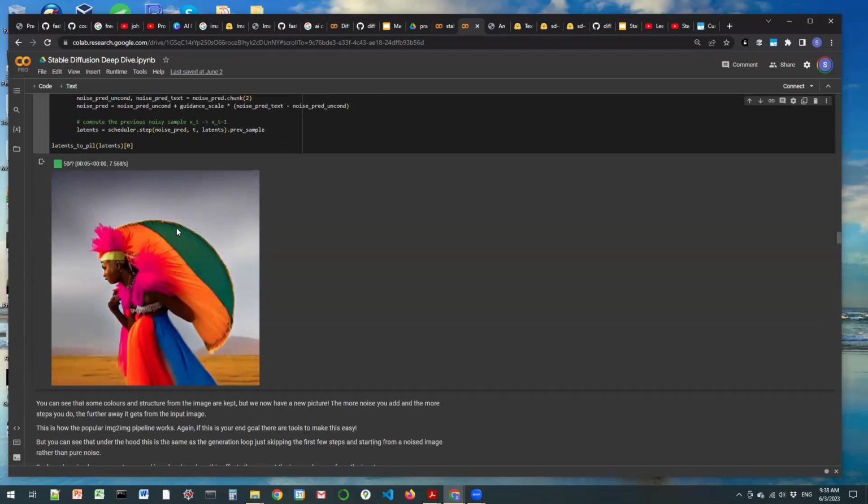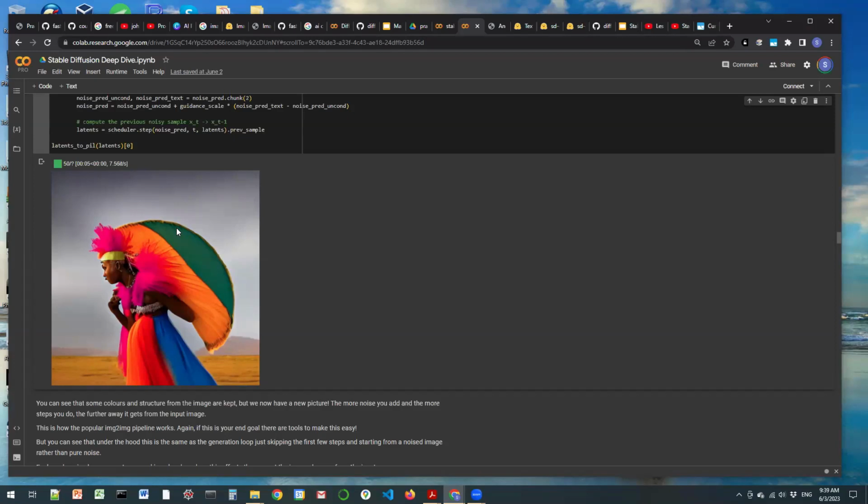In a sense, what this image to image approach has allowed us to do is start with some rough structure and color of the input image, which is that of the parrot, and feed that into your generation. The prompt, however, is that of the National Geographic, whatever. And so it begins to combine the structure and color of the input image, which is that of the parrot, with the prompt.